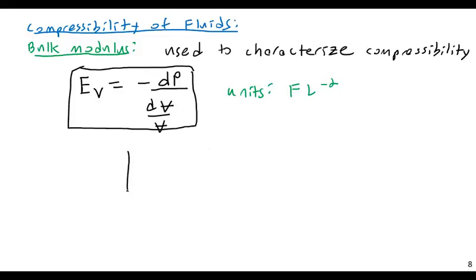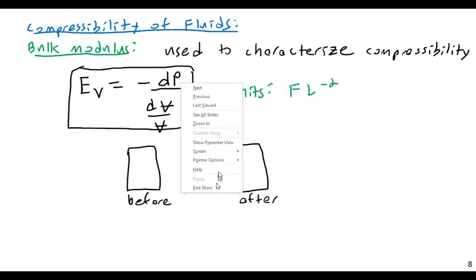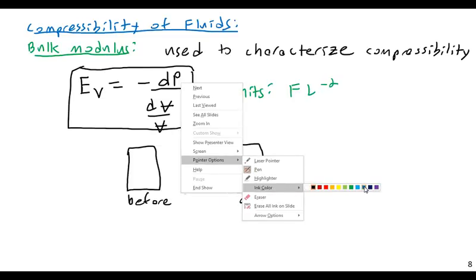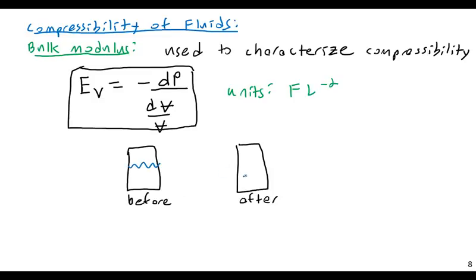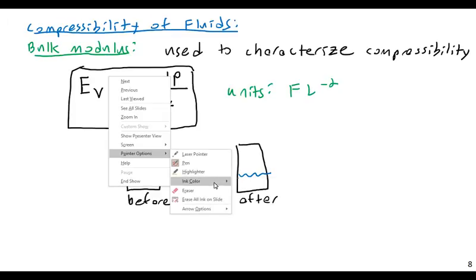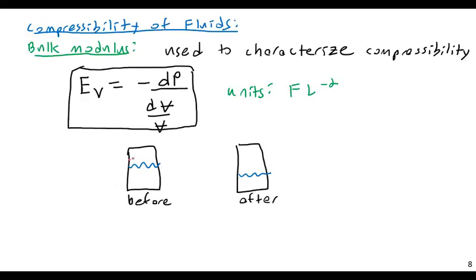In terms of what this means, let's say you have a fluid, a before and after. I'm going to apply a pressure to this fluid. So say it originally is like here, and then I apply some pressure to it and it goes down here. Initially for pressure, I'm going to have P, and then I'll have P plus dP.